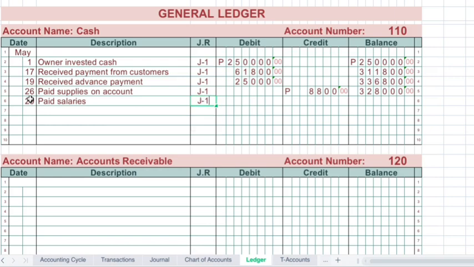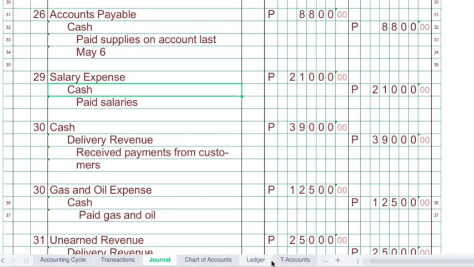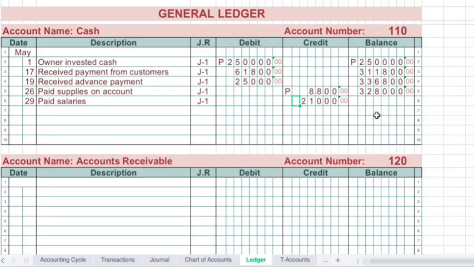Still on the first page of the journal. So, we have 25,000. Credit. At 21,000. Let me check. Okay, so 21,000. So, 328,000 minus 21,000. So the new balance for cash is 307,000.